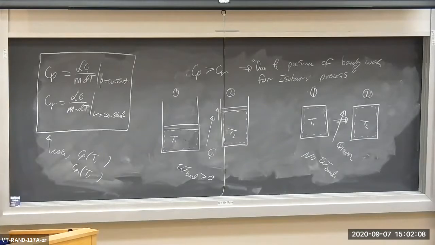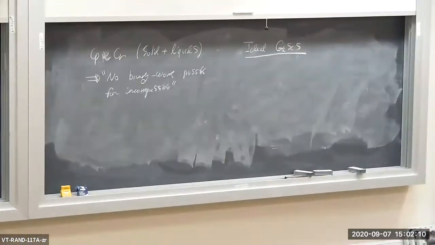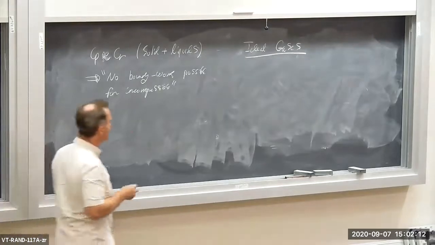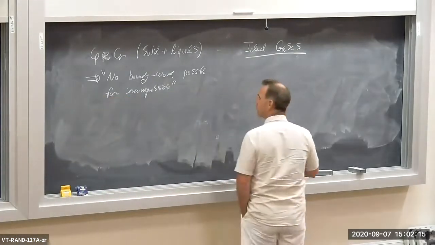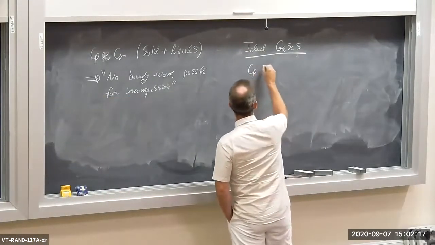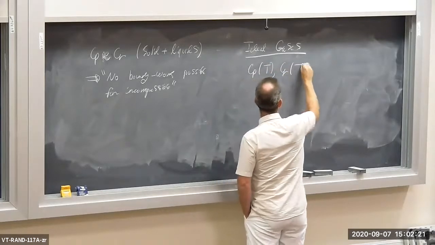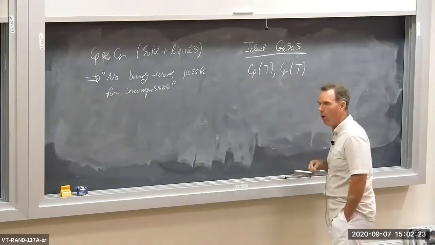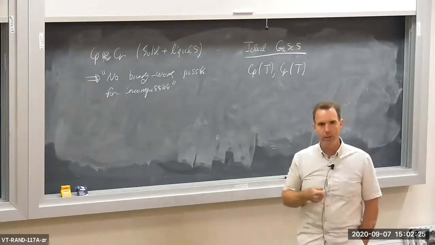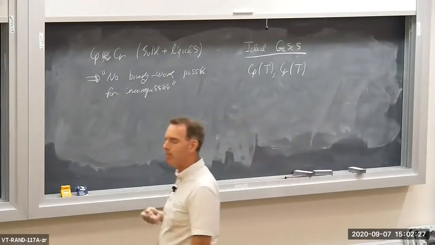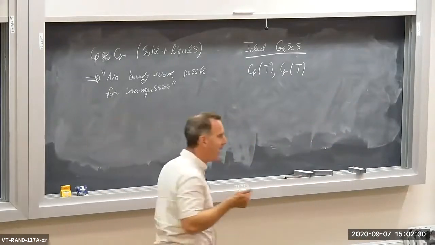But for ideal gases, specific heats are a function of temperature alone. Cp is a function of temperature alone, and Cv is a function of temperature alone. Why is that? Because we already have an expression that relates pressure, temperature, and volume, the ideal gas law.